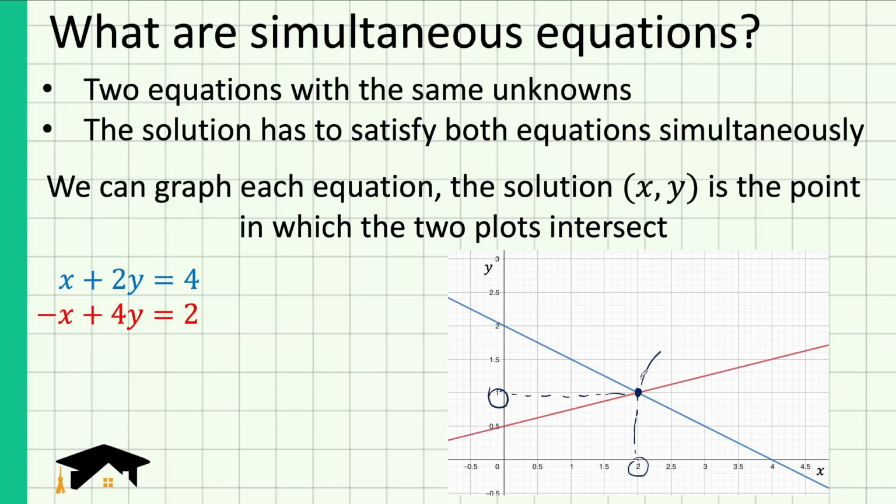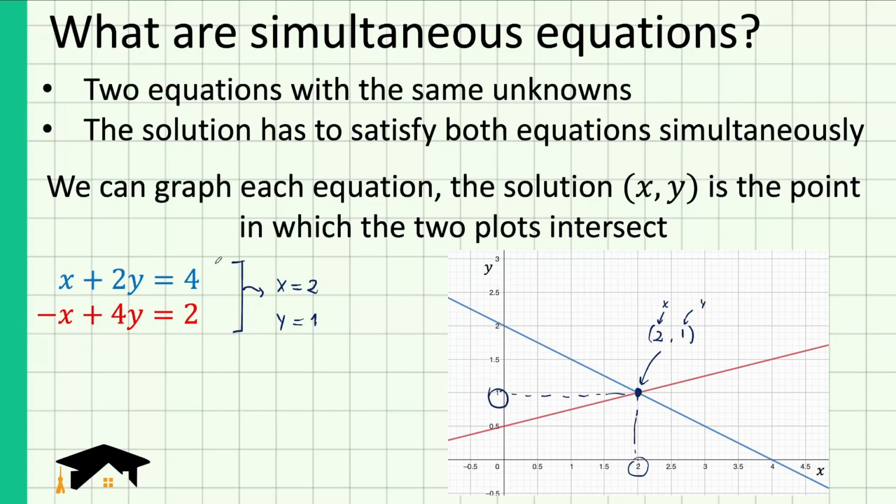So this point is the point (2, 1), because remember that the first coordinate was in x and the second coordinate was in y. And so we know that the solution to this problem will be x equal to 2 and y equal to 1.